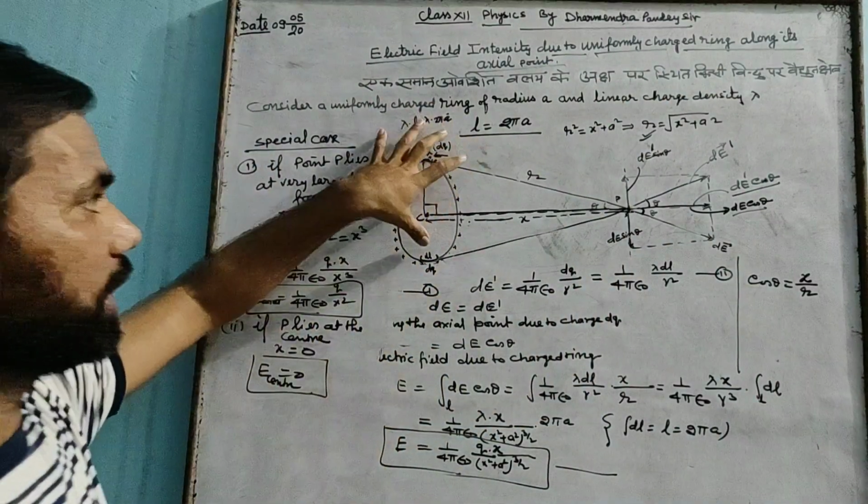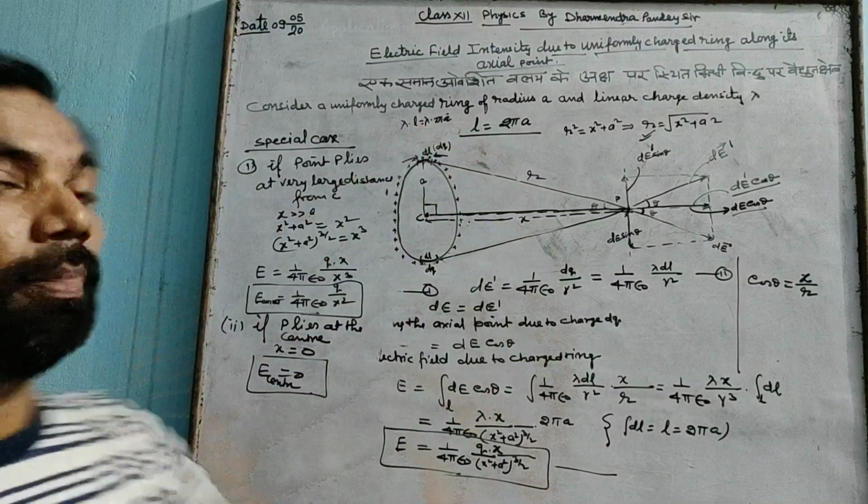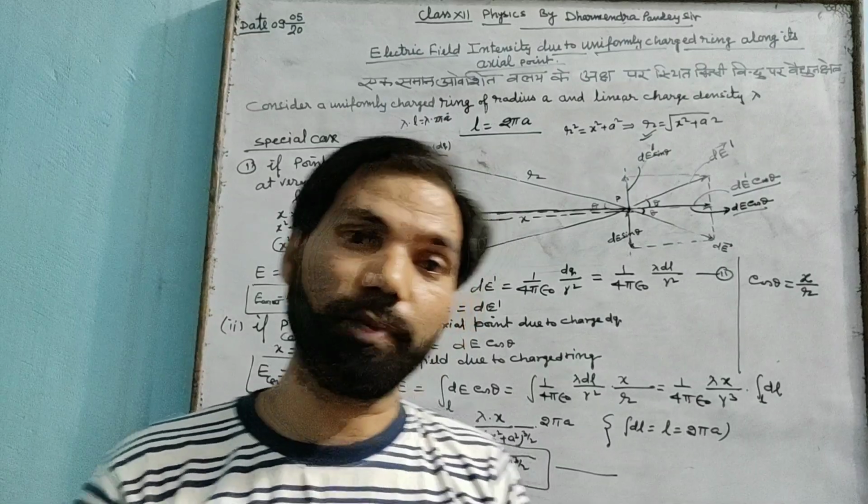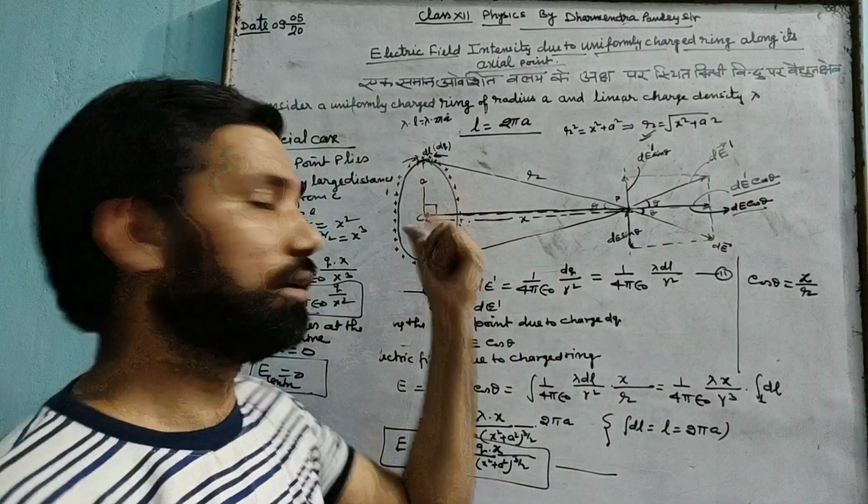We have been given here a circular ring of a certain linear charge density, and it has a certain radius.